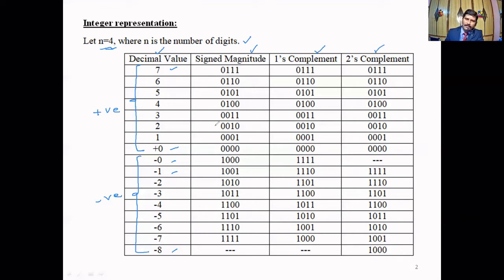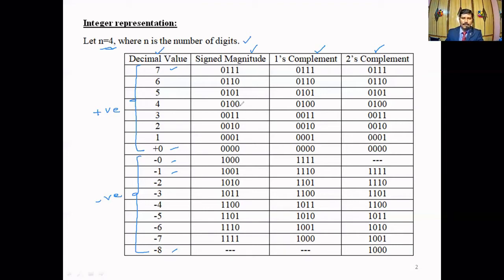Some computers will follow sign magnitude, some computers will follow ones complement form, that means all the hardware is designed with ones complement notation, and some computers will follow twos complement form.